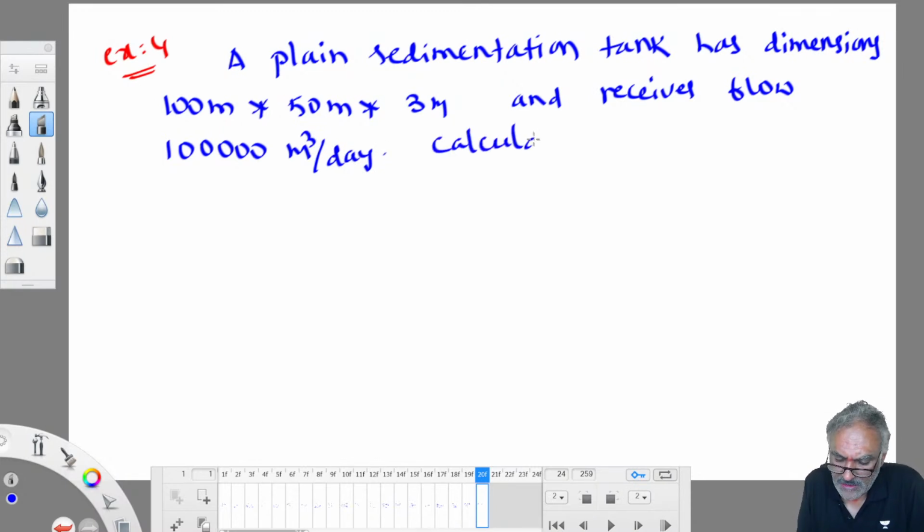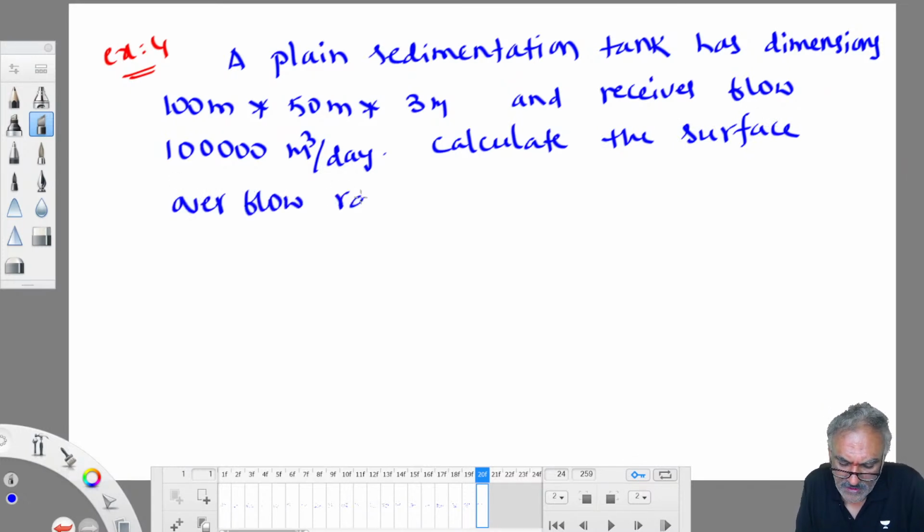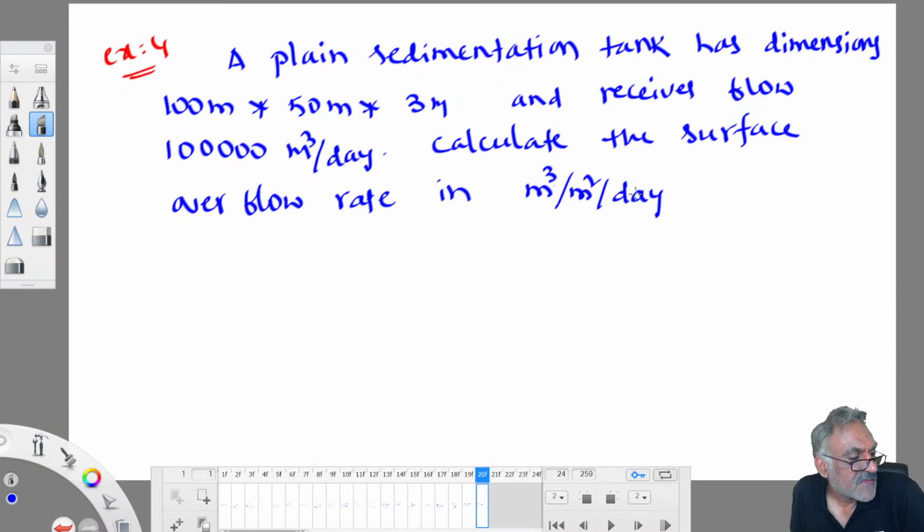Calculate the surface overflow rate in meter cube per meter square per day. Okay, that's a question.